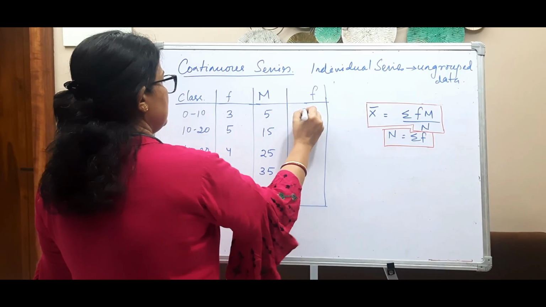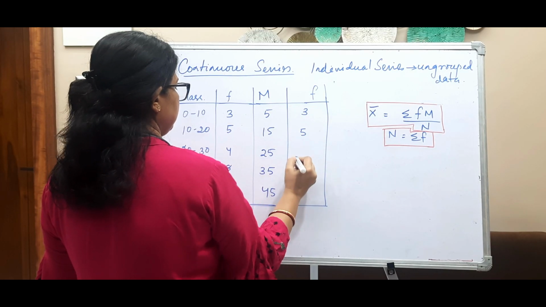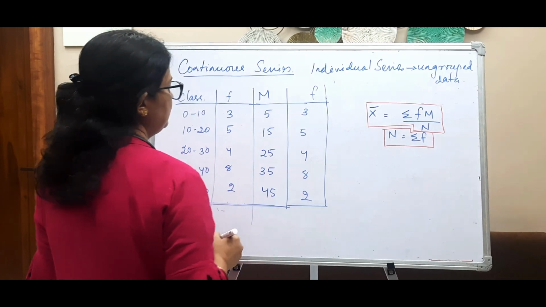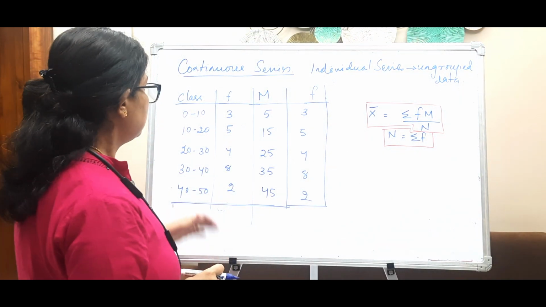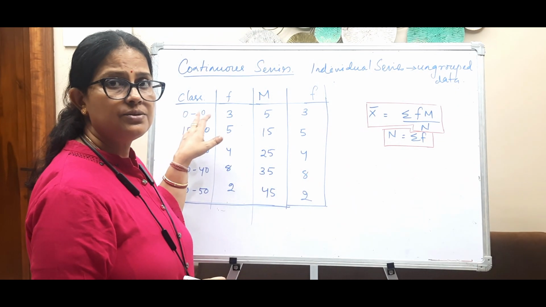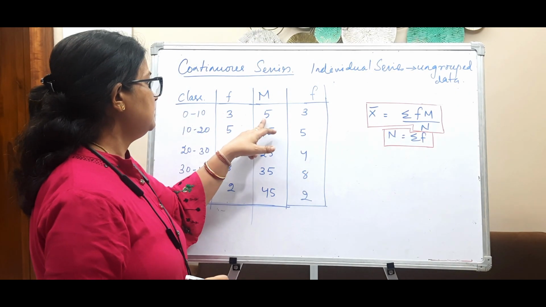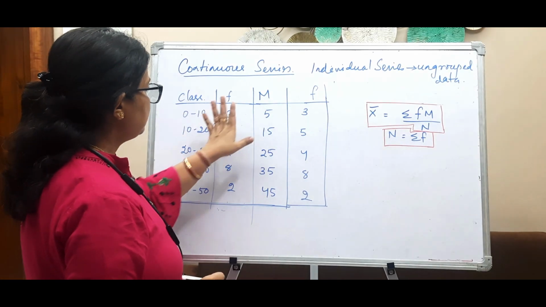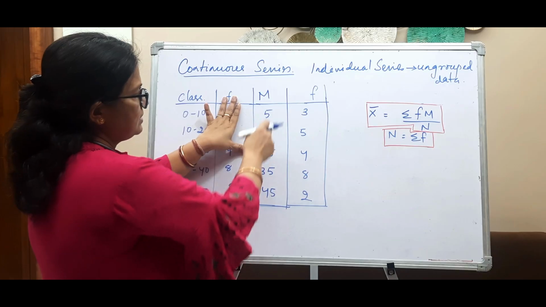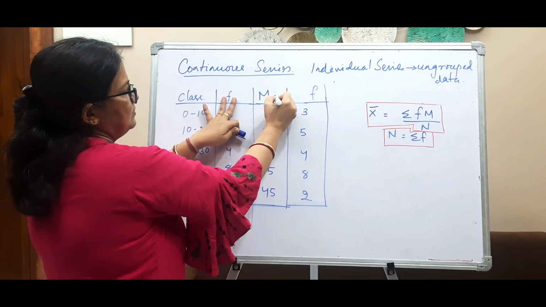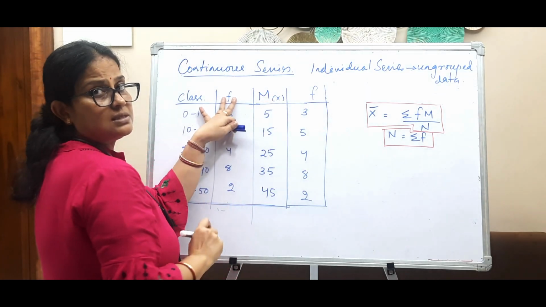The frequency as it is, we have to write: 3, 5, 4, 8 and 2. Within the class 0 to 10, we have taken the middle value. Now forget this table. If we see this, for time being, consider this is x.